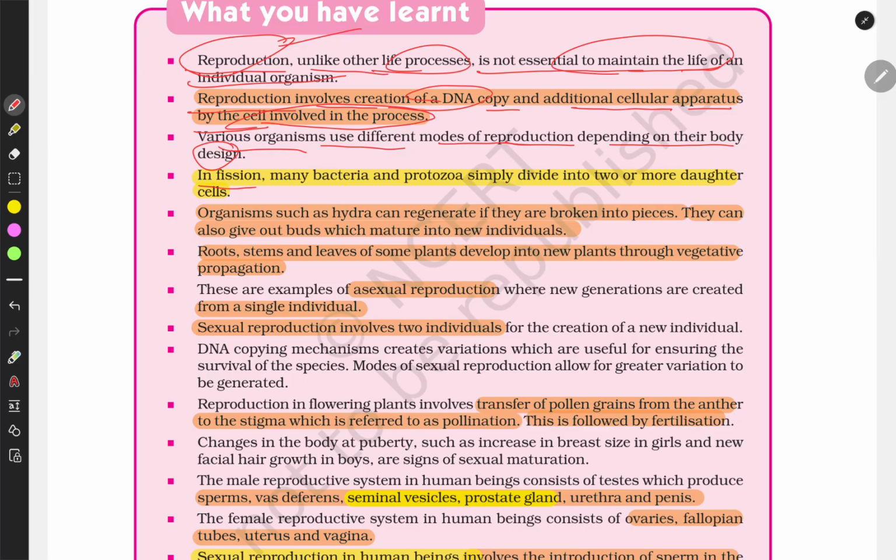In fission, many bacteria and protozoa simply divide into two or more daughter cells. Organisms such as Hydra can regenerate if they are broken into pieces. They can also give out buds, which mature into new individuals. And the root, stem, and leaves of some plants develop new plants through vegetative propagation.